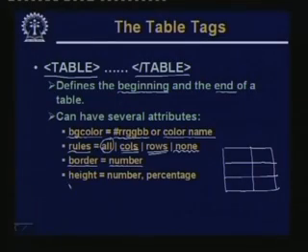And there is another attribute, height. Here you can specify the total height of the table in terms of the number of pixels or as a percentage of the total available area on the screen. If you specify this, the table will automatically be resized according to whatever you have specified. Okay. So, this is how you can define characteristics about the table definition.